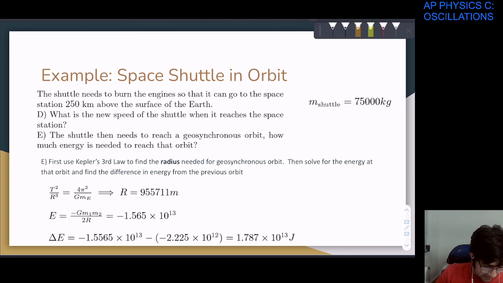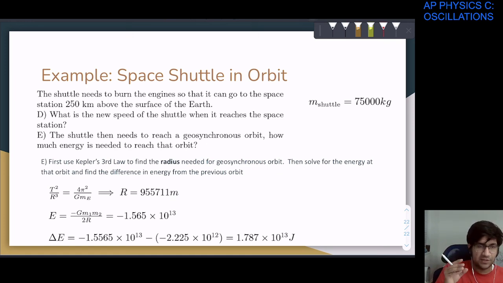To be a little more clear, we know what r is because we know what G is, we know what M sub E is, and we know what T is because T is 1 day. So we can solve for r. And we know what E is because it just depends on r. This r is the radius that we need to be at. The radius will set the geosynchronous orbit.